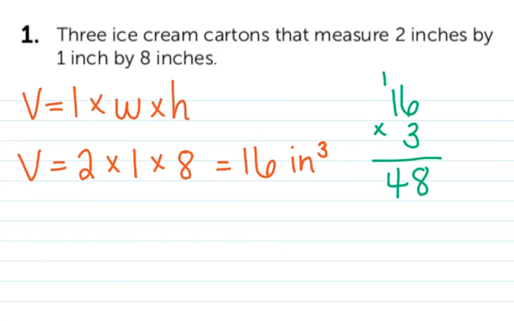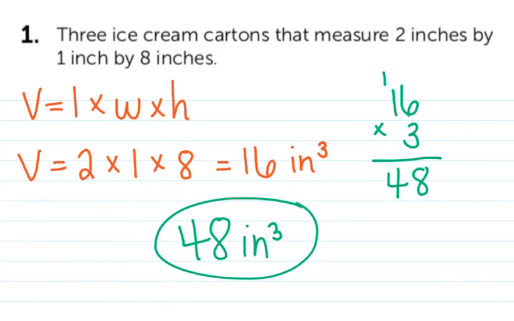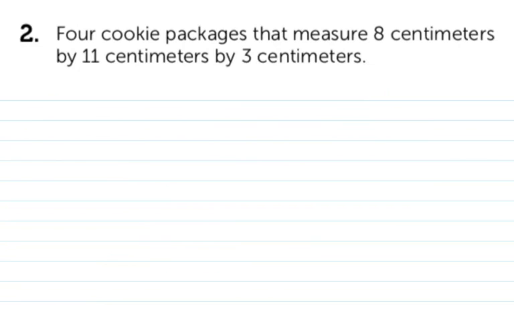So the total for 3 ice cream cartons would be 48 cubic inches, or inches cubed. So that would be final answer. One ice cream carton has a volume of 16 cubic inches, so 3 of them would have a volume of 48 cubic inches. So again, we find the volume of one container and then multiply it by how many containers we have altogether. Let's try another one here.